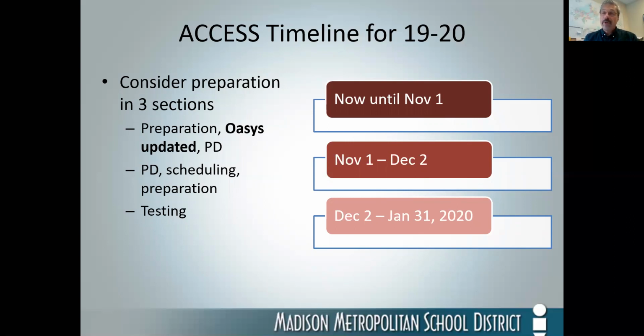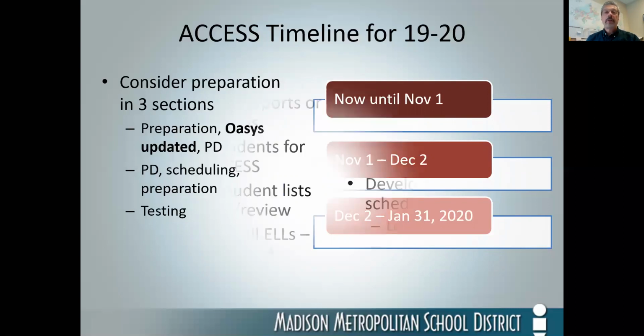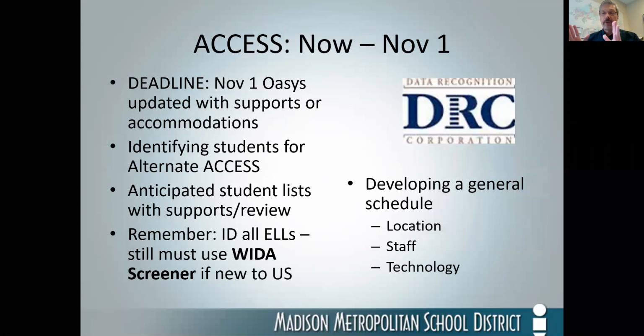From the 1st of November through the 2nd of December, so that month, again, focus will be on professional development, but you can start scheduling, figuring out when things are going to happen, and get final preparations in place. Because December 2nd through the 31st of January 2020, that is the window for the test itself.